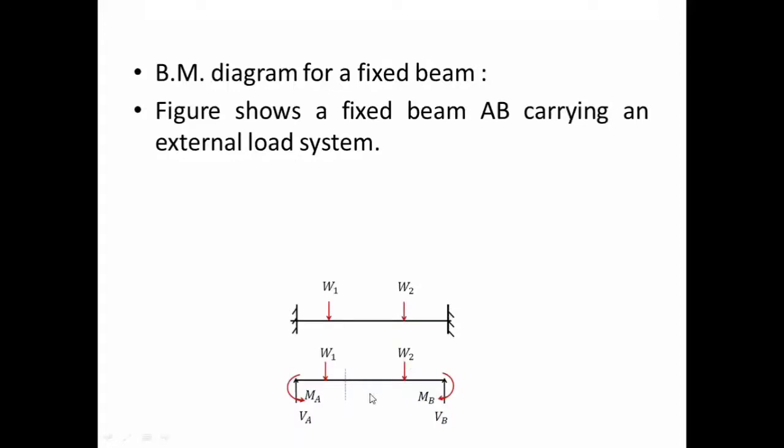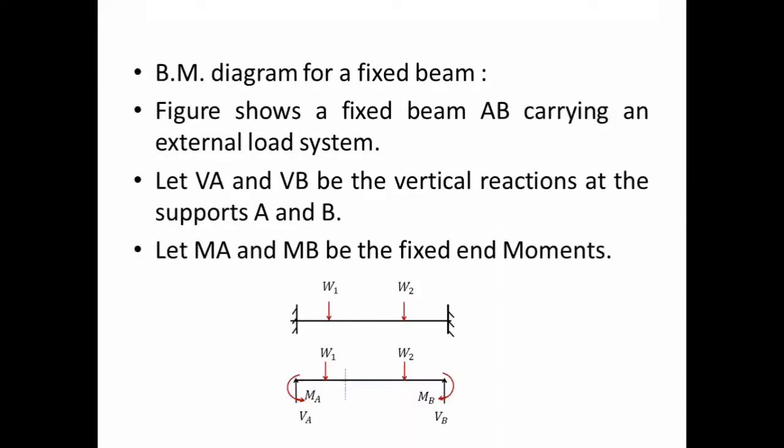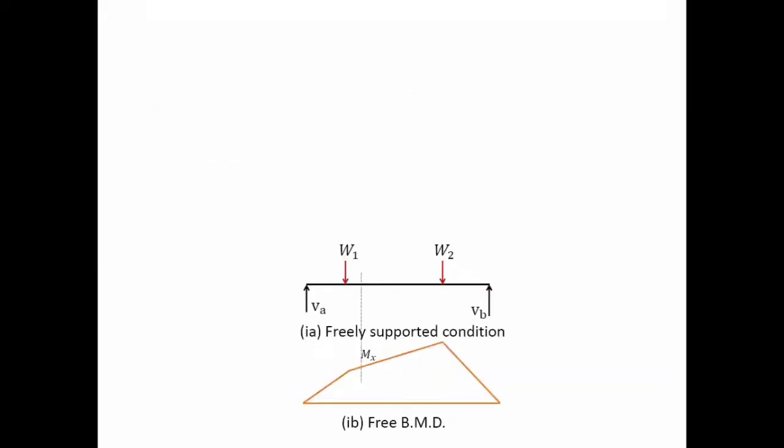In the second diagram, if you see, we have removed those fixities and made this beam a simply supported beam. So let VA and VB be the vertical reactions on the supports A and B, and MA and MB are the fixed end moments. So we have to calculate the fixed end moments MA and MB. How to find? Let us see.